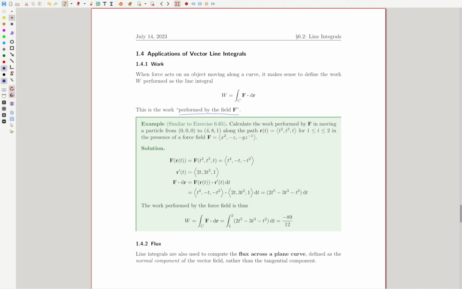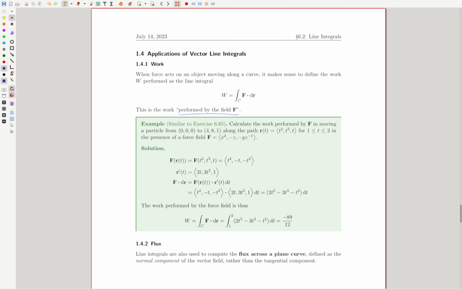So if you're asked to calculate the work performed by a vector field in moving a particle along a given path under a force field that is given there, well, you go ahead and you compute the corresponding line integral for work, which is this. And so, as you know, you're going to end up needing to calculate f of r of t dot product with r prime of t. So you need each of these pieces.